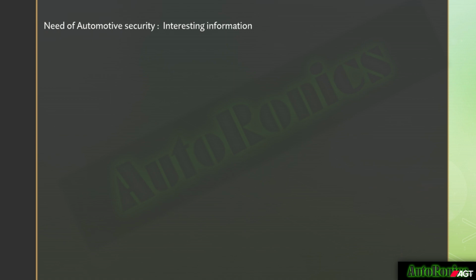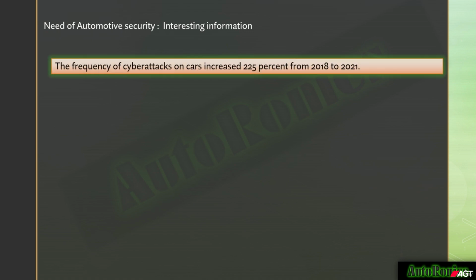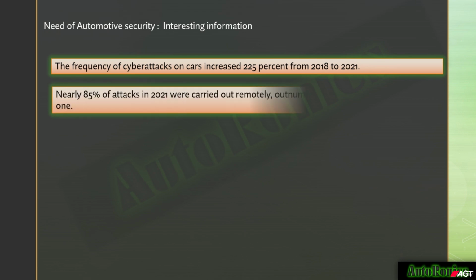So let's have a short look at some interesting information over the last 14 years. Cybersecurity attack frequency on cars increased by 225% from 2018 to 2021, and if you consider the recent or current year, it will be even more.